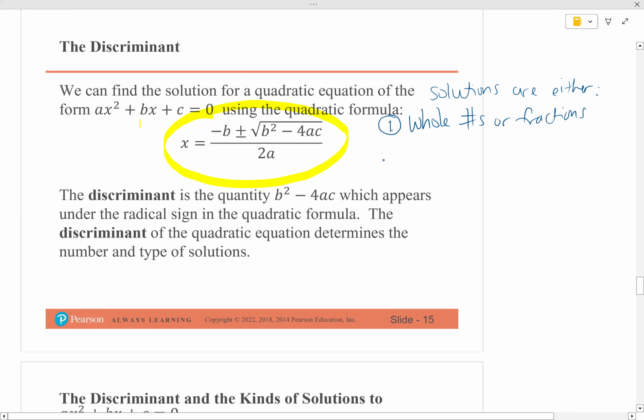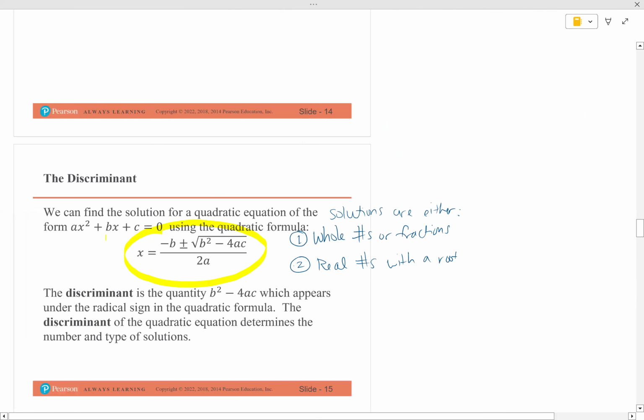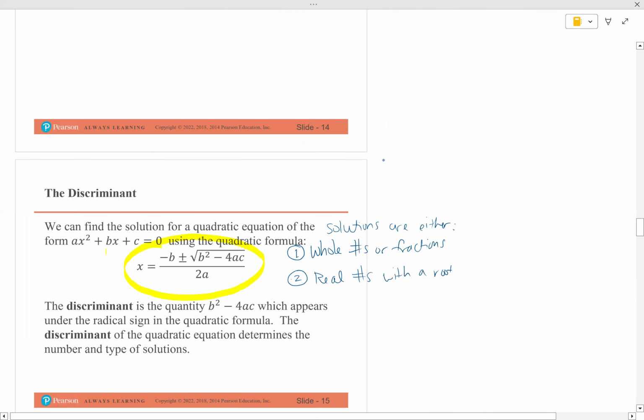Or it could be that they're real numbers with a square root. That's what we ended up with in the last problem. It was way back there, but we had a square root of 3 stuck in there. So that's kind of what we ended up with.